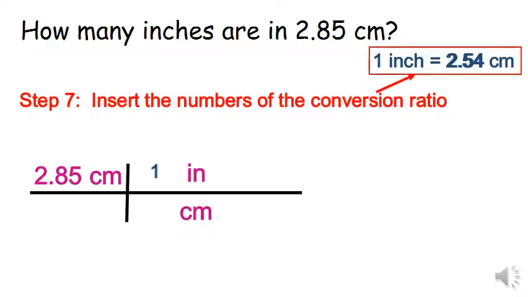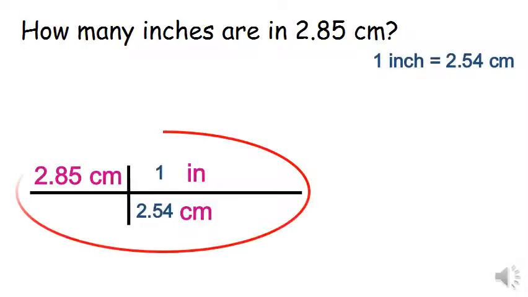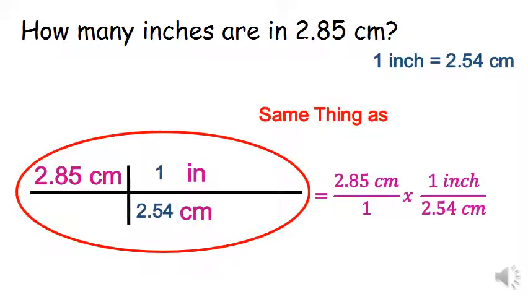So the 1 comes down there and the 2.54 there. Now we're ready to simply do the math. This statement, by the way, is exactly the same thing as this statement. It's just a couple of fractions. And I don't think it looks as intimidating. Well, maybe once you get the hang of it, it doesn't look as intimidating.